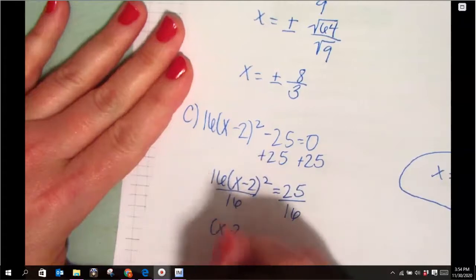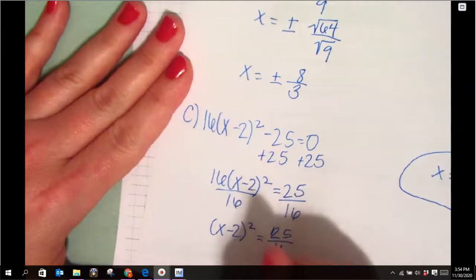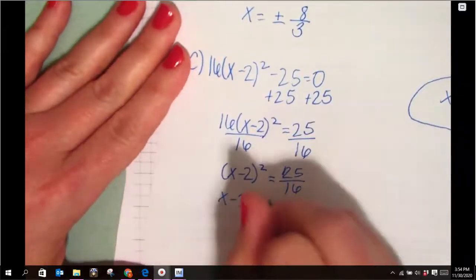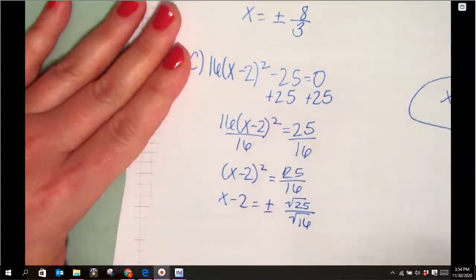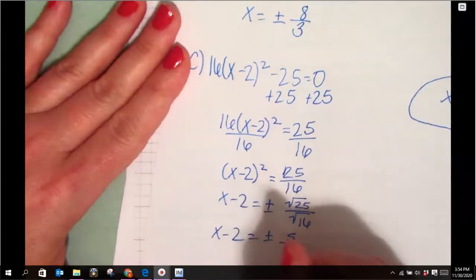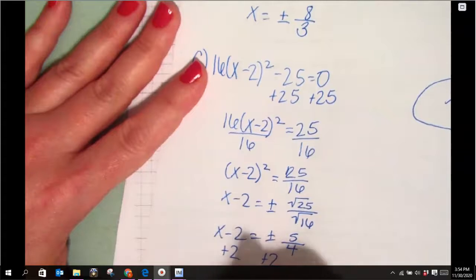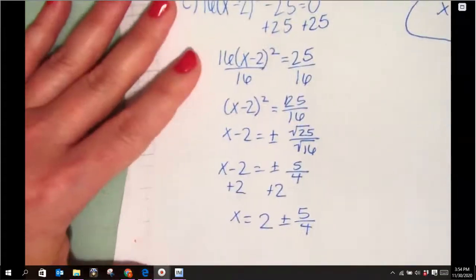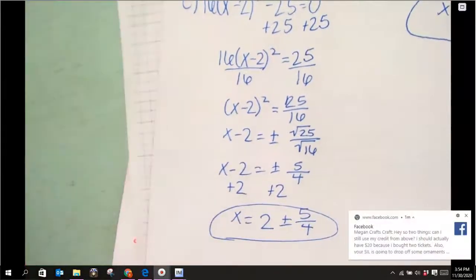X minus 2 squared equals 25 over 16. Then I'm going to take the square root of both sides, so plus or minus the square root of 25 over the square root of 16. Both of those are perfect, so that's going to be 5 over 4. I'm going to add 2. X equals 2 plus or minus 5 over 4. And that's your answer. So, ta-da.